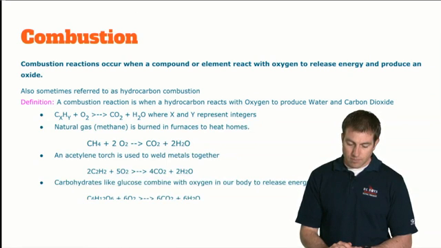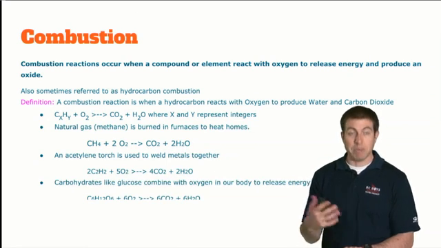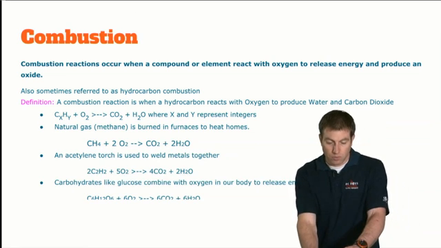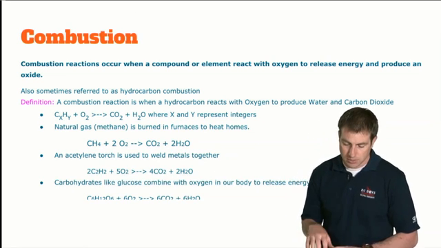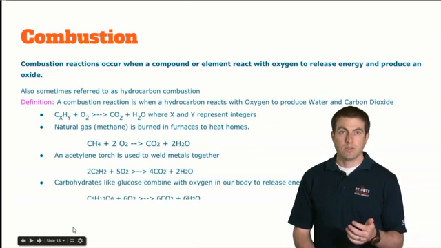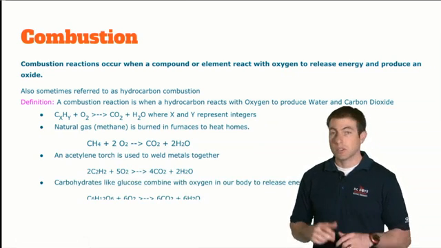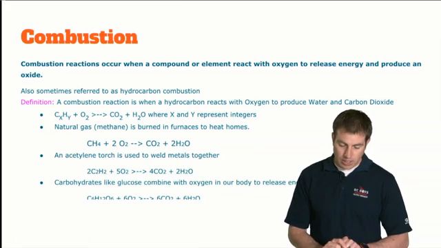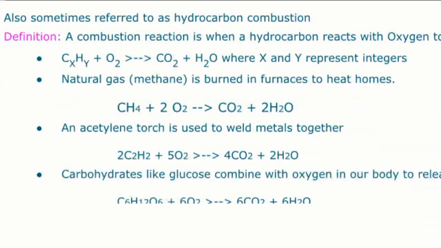So you can talk about burning methane, CH4, swamp gas, natural gas, and combining with oxygen, so CH4 and O2 produces carbon dioxide and water. That's it. Acetylene is a type of hydrocarbon.